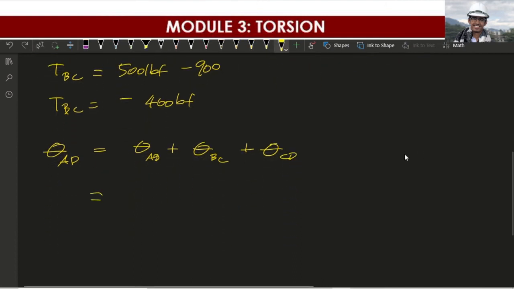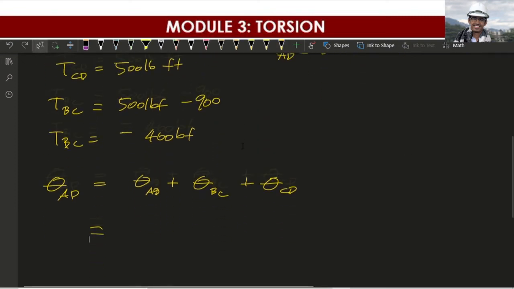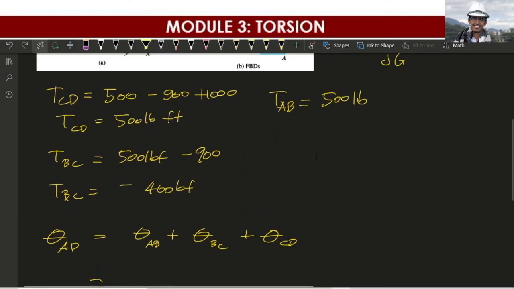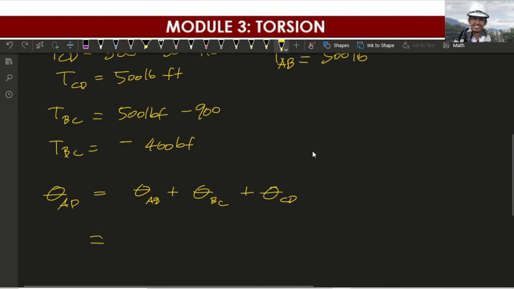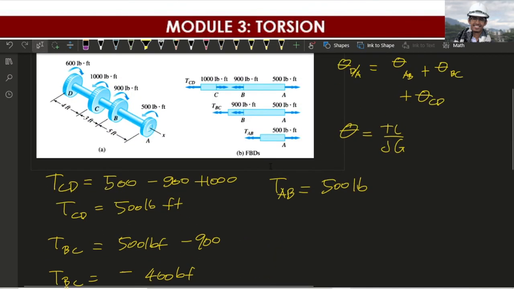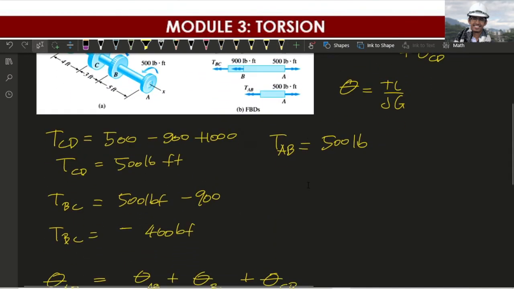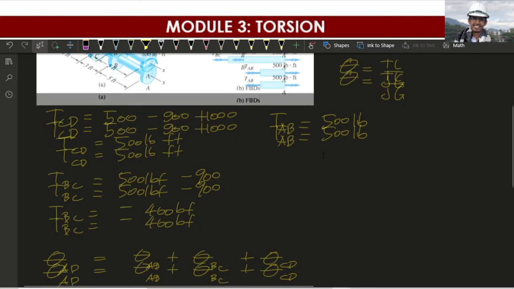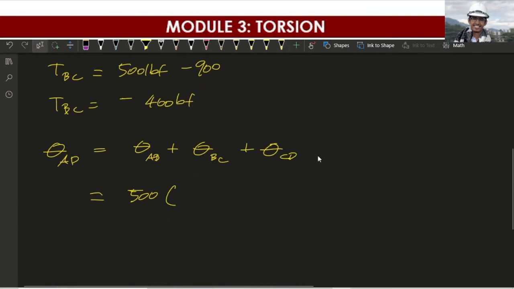So that is equal to TL over JG ng ating AB. So that will be yung T natin sa AB, that is 500 pounds. Yung length niya is 5 feet, so times 5. So i-convert natin ng inch, so that will be times 12 natin. And itong 500 natin is 500 pound-feet, no?